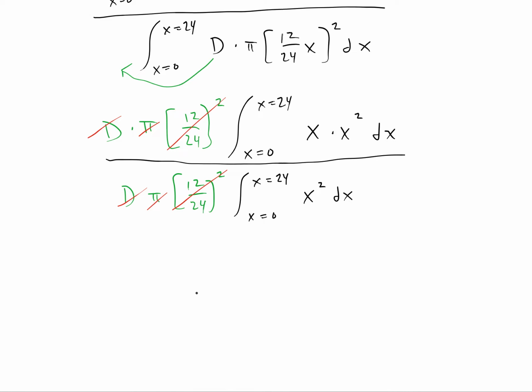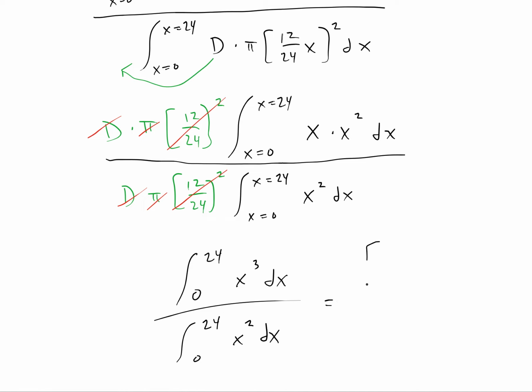Alright, so let's see, we'll have the integral from 0 to 24 of x cubed dx over the integral from 0 to 24 of x squared dx. Get our antiderivative, which is x to the 4th over 4 for the top, going from 0 to 24.